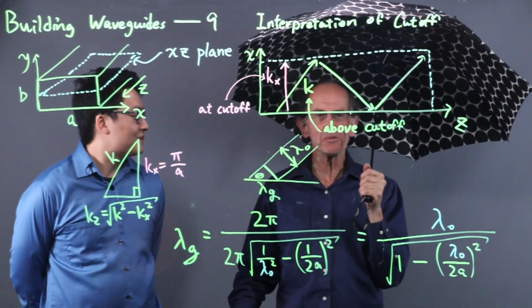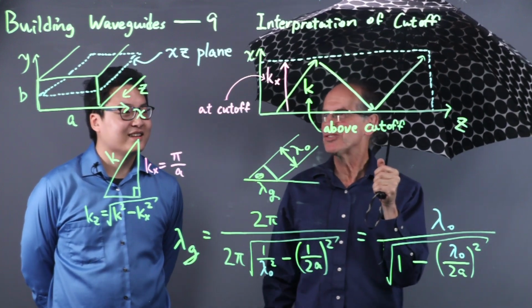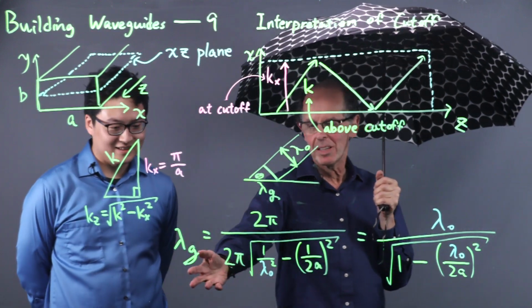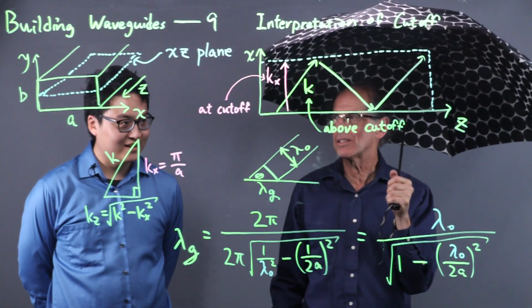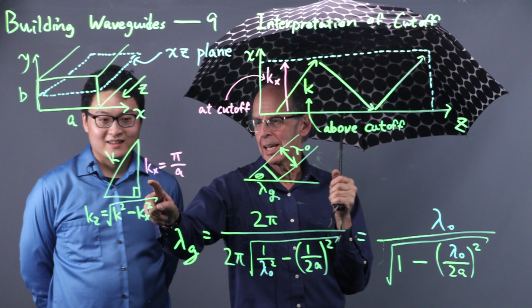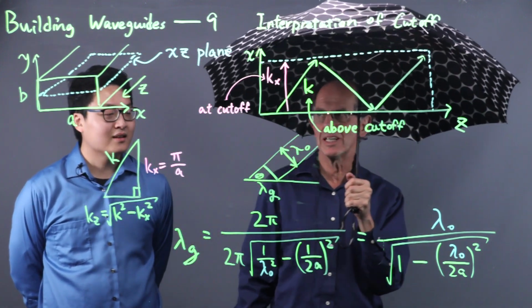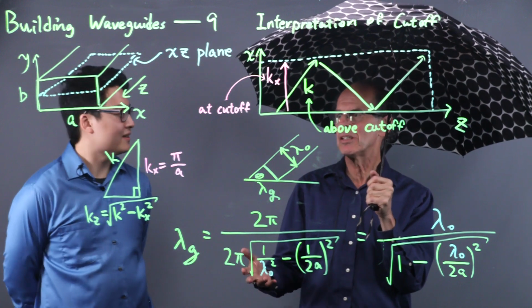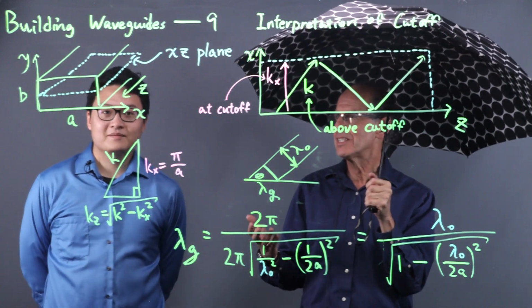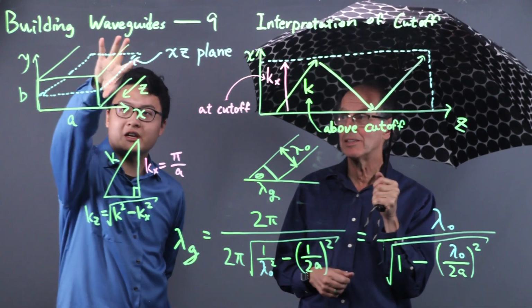Okay, well, here we are at the beach, and luckily we have a light board there. So we're going to interpret this result that we did earlier. And we have kx and kz, and the sums of the squares gives you k squared. So let's look at what's going on in the xz plane. Draw it.